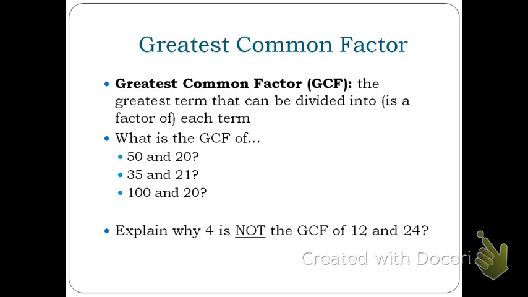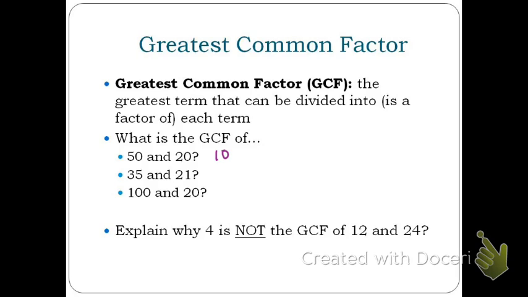Okay. For the greatest common factor, again, that is the greatest term that can be divided from each term. So if we look at 50 and 20, both of those are divisible by, well, not 20 and not 50, but they both have a factor of 10 that they are divisible by.